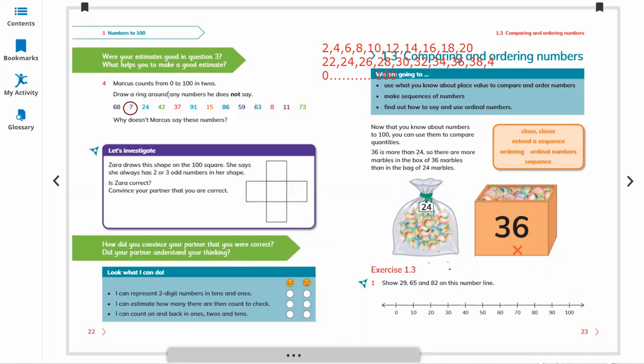If 7 doesn't come, 37 is not going to come. 91 does not come. We have 15, that does not come when we are counting in twos. 59 does not come. 63 does not come. 11 doesn't come, and 73.